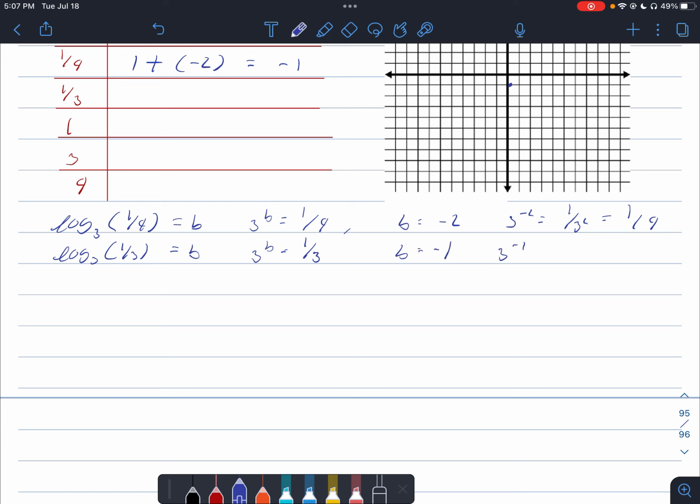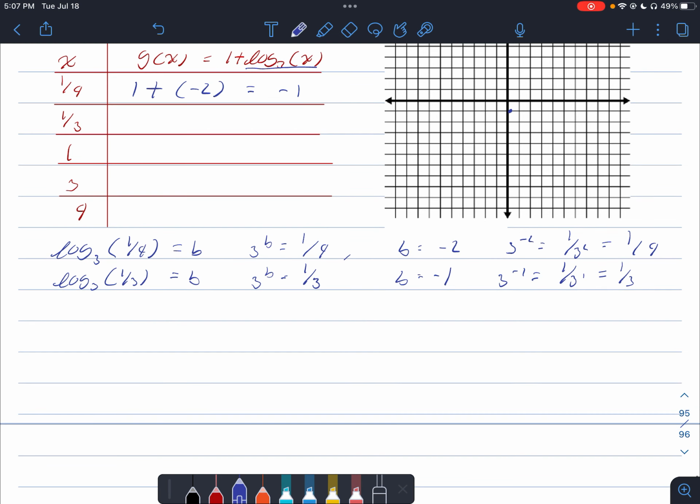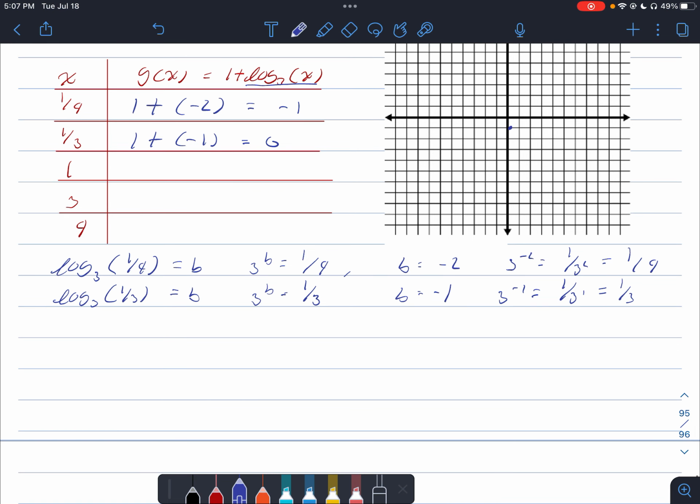So we have 3 to the -1 equals 1/3 to the 1, which is just 1/3. So if we have x equals 1/3, then b is equal to -1. So we have 1 plus -1, which is 0. So at x equals 1/3, we have g of x is equal to 0.